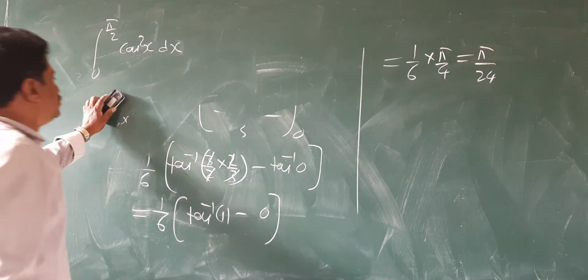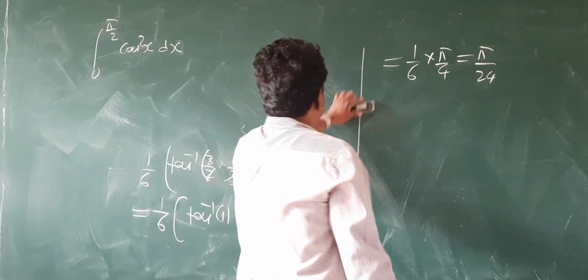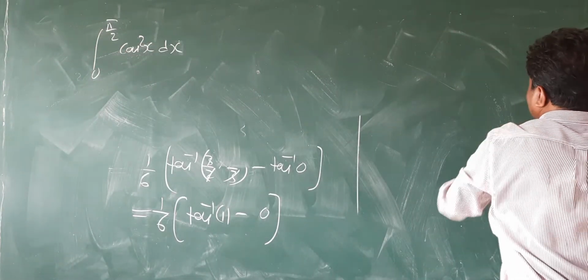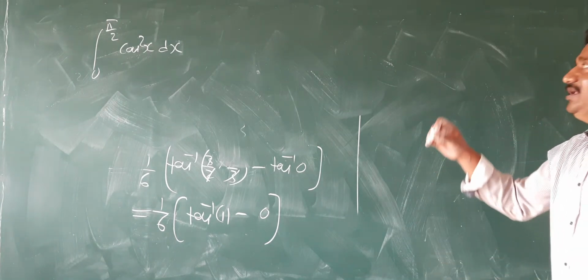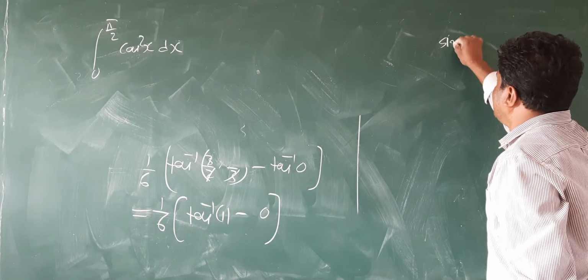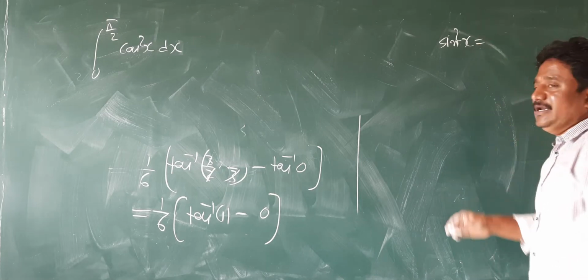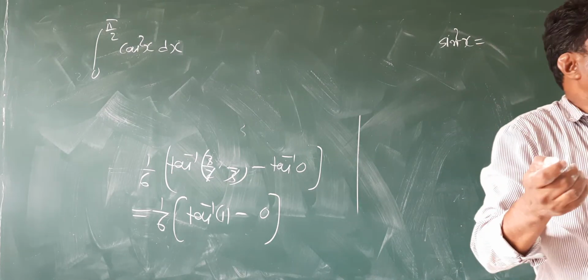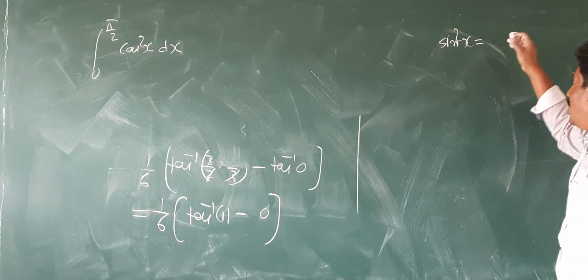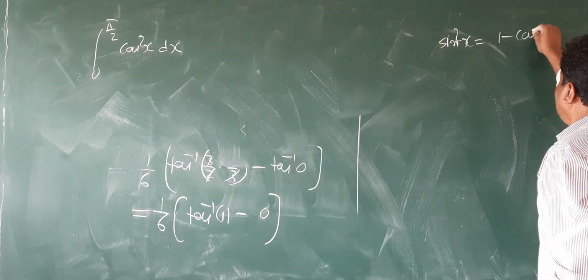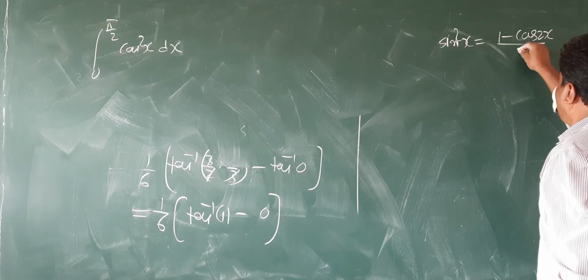You remember this, students? In integration, whenever sine square x comes, you always use the formula 1 minus cos 2x by 2.